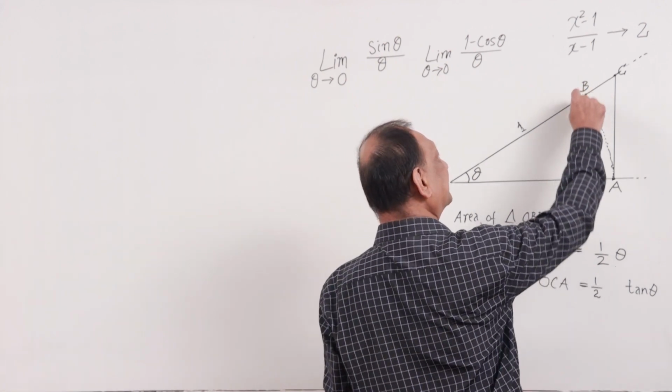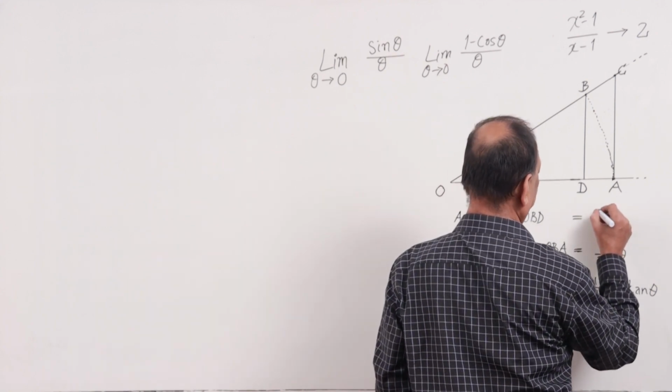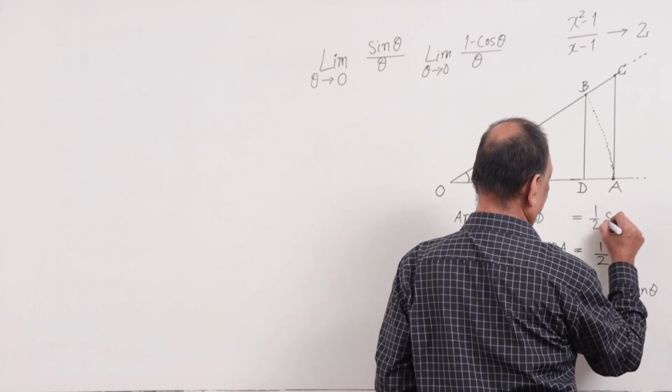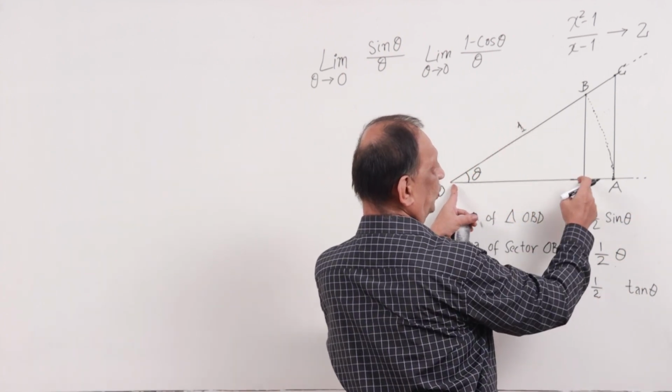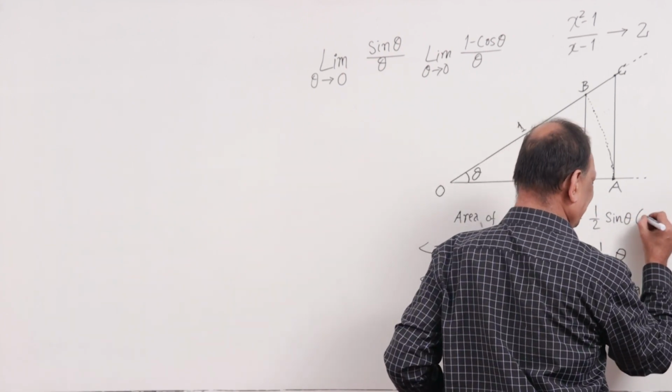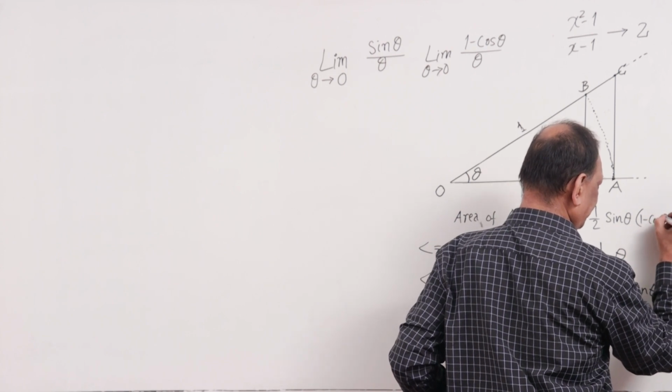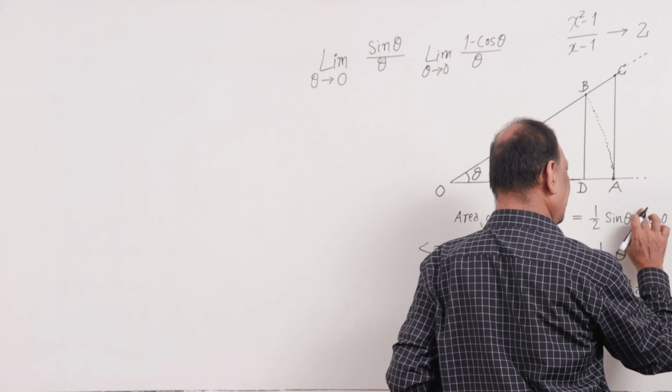BD is sin theta. Half sin theta multiplied by OD. No, it is cos theta.